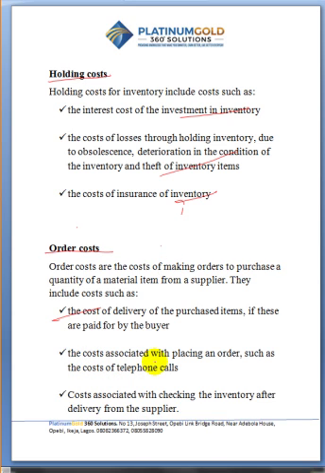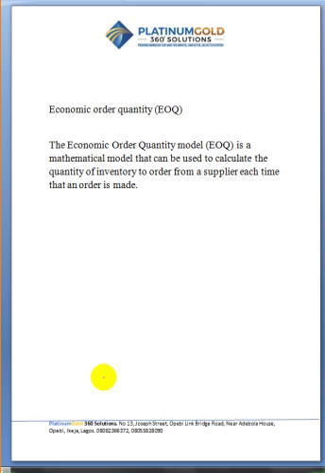Now the cost associated with placing an order, such as the cost of telephone calls and whatever has transpired within the time of placing the order. Then the cost associated with checking the inventory after delivery from the supplier, like inspection cost and what have you. So those are the costs we call order cost.